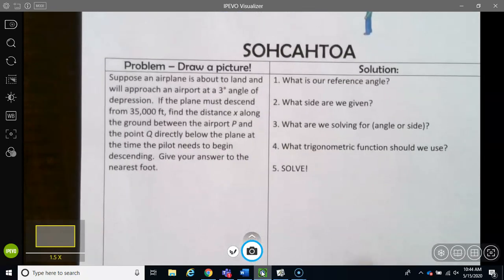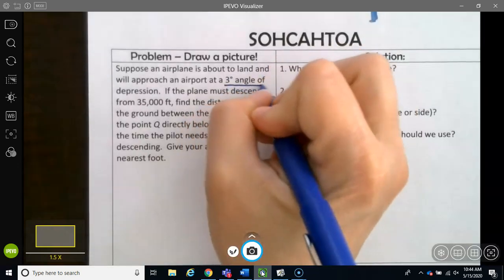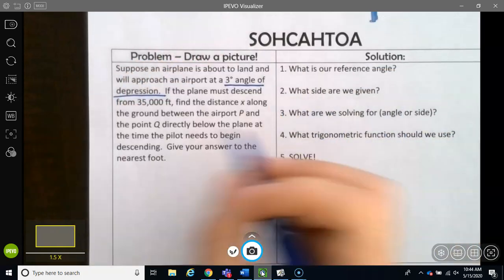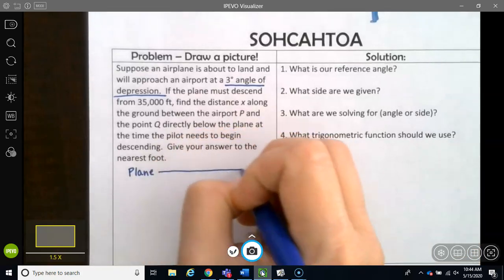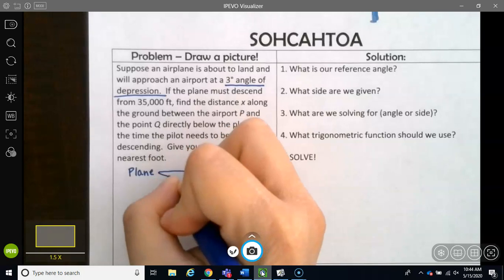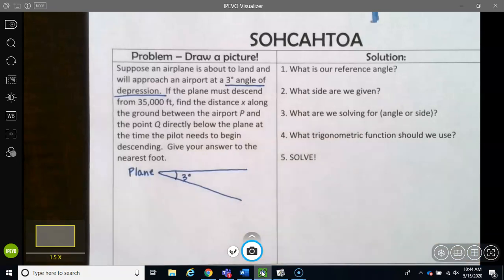Suppose an airplane is about to land and will approach an airport at a 3-degree angle of depression. So here you have your plane. Instead of drawing it, I'm just going to write plane. Here's its horizon line, and it's got a 3-degree angle of depression. If the plane must descend from 35,000 feet up in the air, find the distance x along the ground between the airport P and the point Q directly below the airplane.